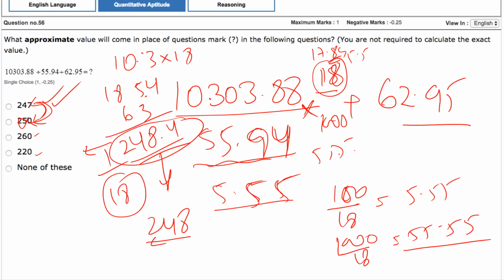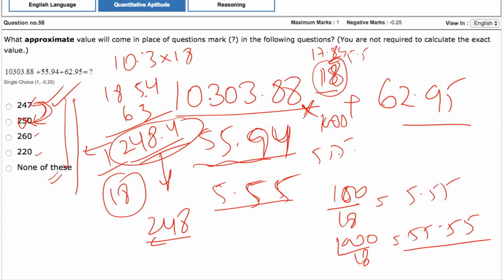Okay, yes, I can understand your concern with the none of these here. It should ideally not be there, but if you have none of these, that means the question setters were very sure that one of their answer choices will fall much closer to whatever values they have provided. If you directly divide, the answer will come as 247.